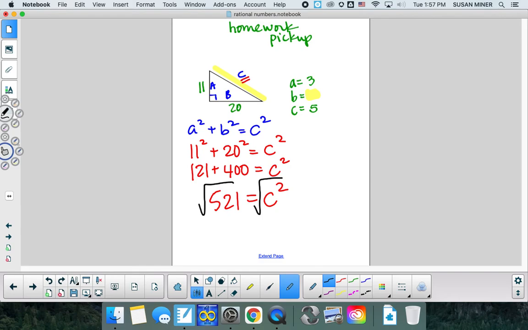So I have to split it in half, 521. Ooh, that's not going to split in half. It is an odd number. Let's see if 521 is prime. I usually check a couple of different answers. I check and see if it divides by 13. I check and see if it divides by 7. I check and see if it divides by 3.